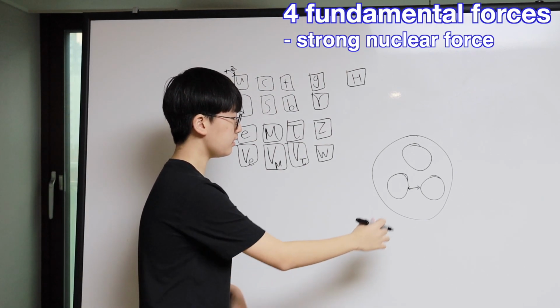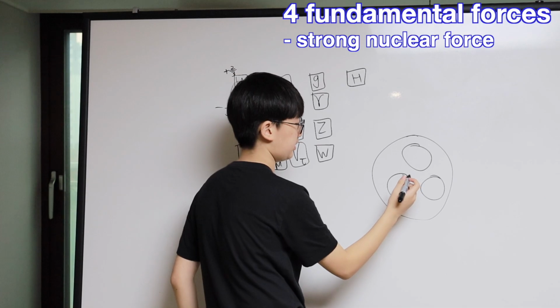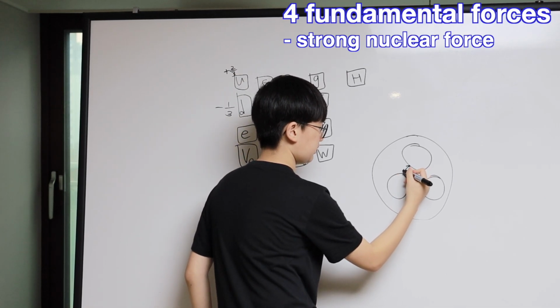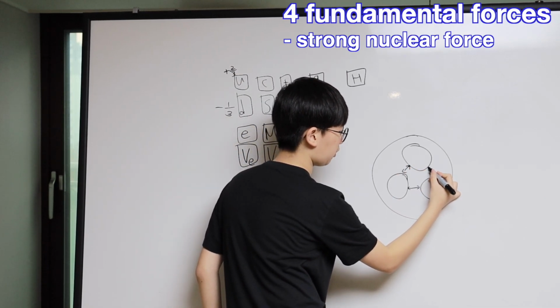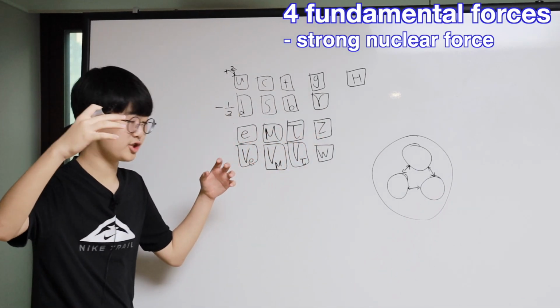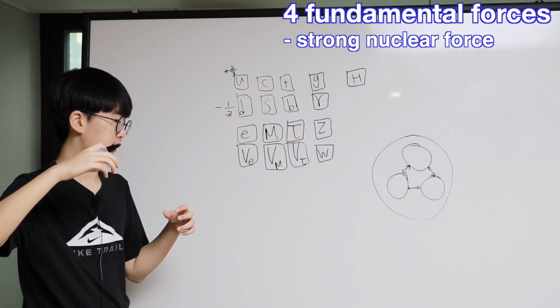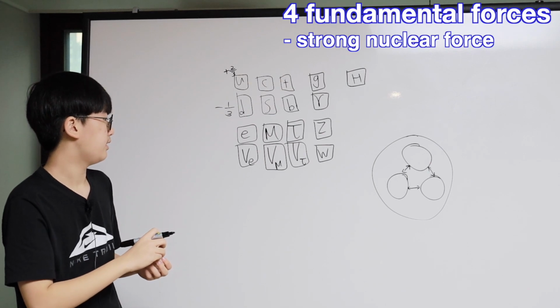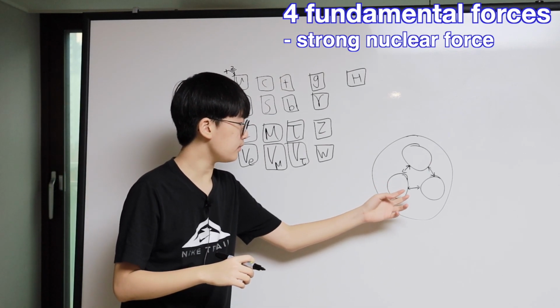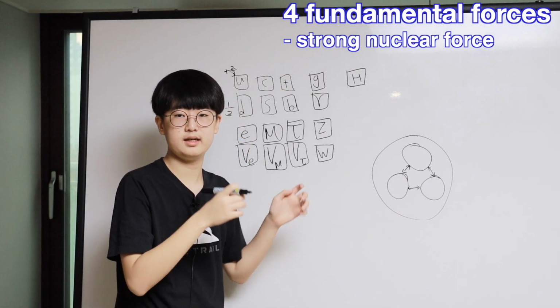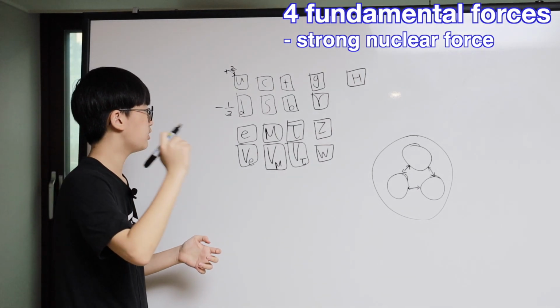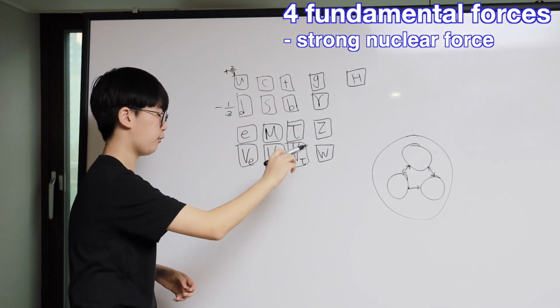And now there are quarks inside the proton, and these quarks are pushed into each other in a very tight space, and the distance between them is less than 1 femtometer. So the strong force applies.